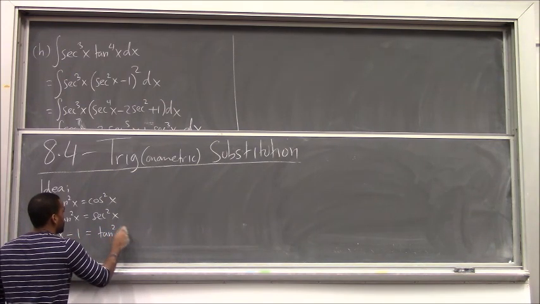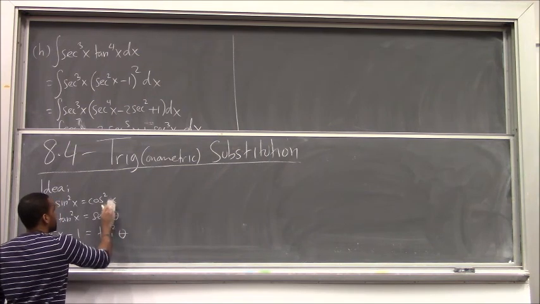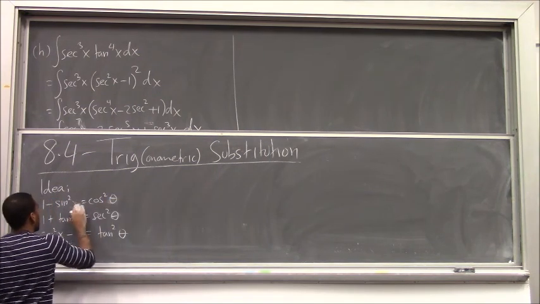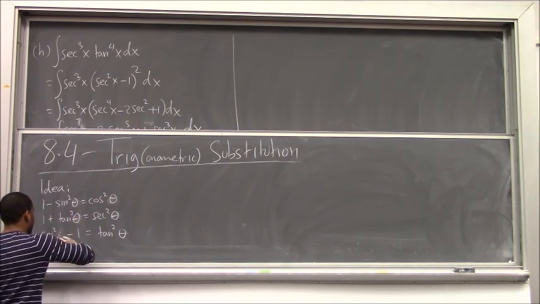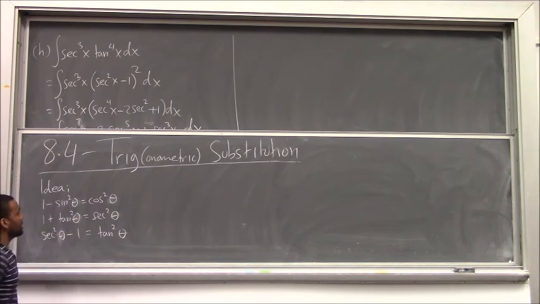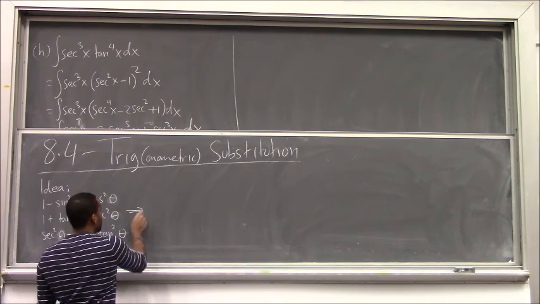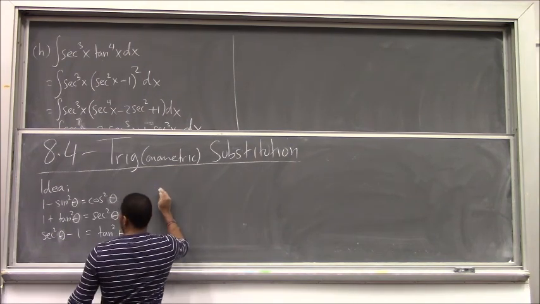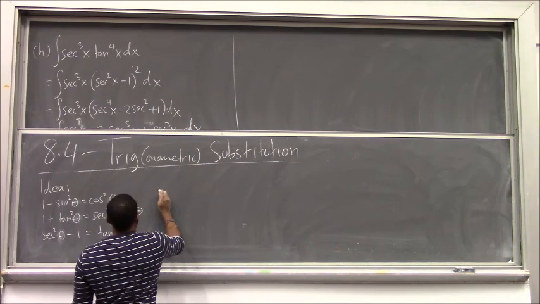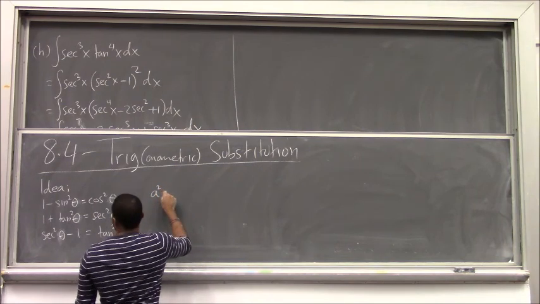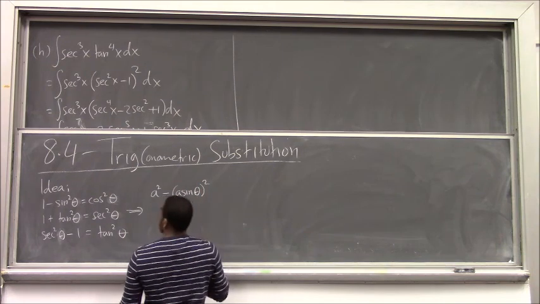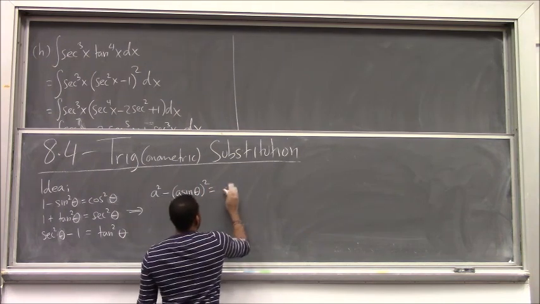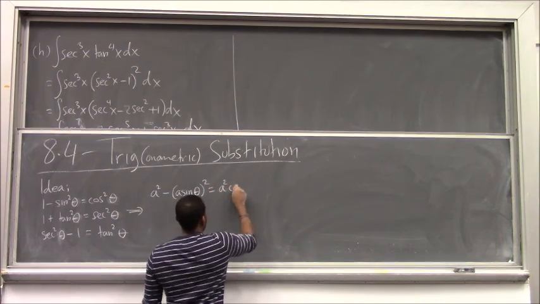Let's use theta instead. Foreshadow. Yes, it's fortunate, because I'm going to switch back to x's. Now, with these, we can multiply both sides by a squared. So if you have a squared times one minus sine squared theta, that collapses into a squared cosine squared.